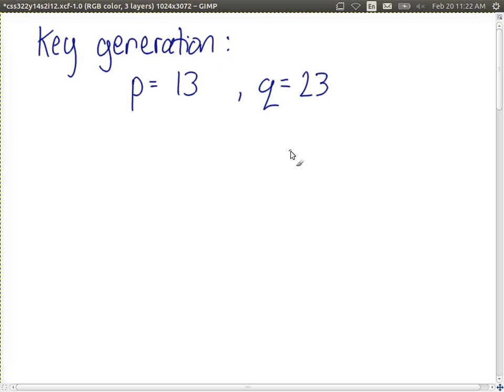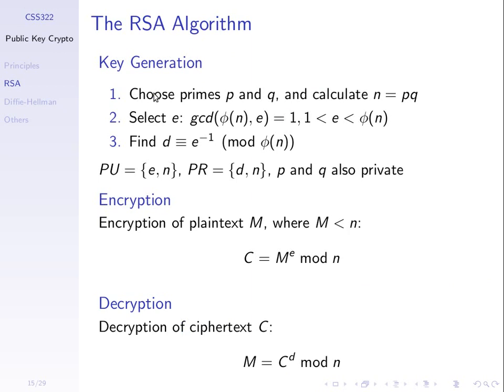And if you can't remember from the ones I did, they're on this slide, these three steps. Choose primes P and Q, well we just did that. Calculate N. Calculate the totient of N, we'll need that.